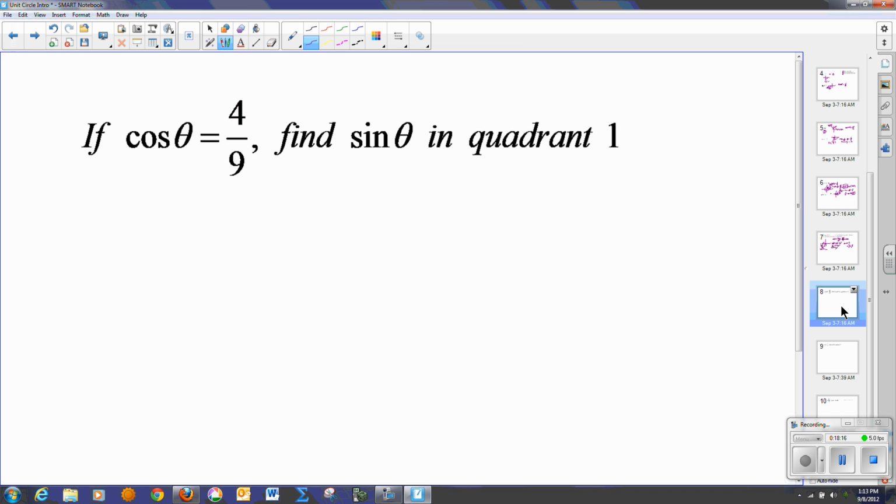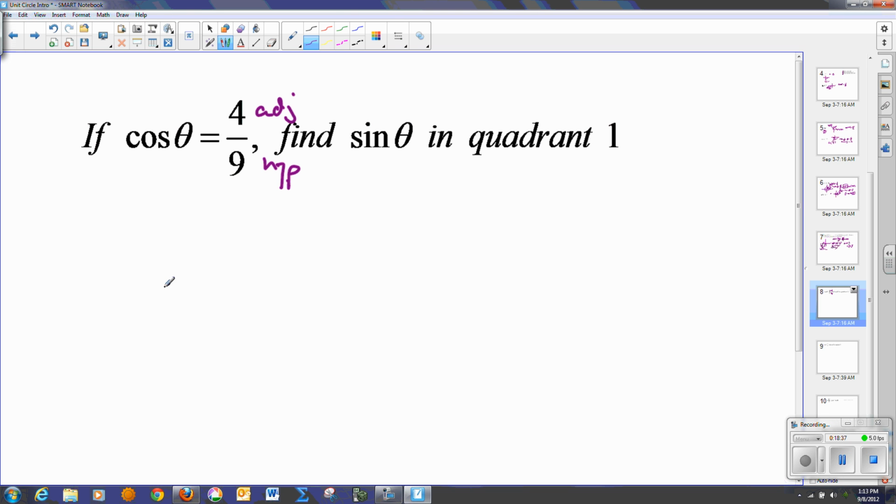Similar problem, asked in a different way. It says, if the cosine of theta is 4/9, then find the sine of theta in quadrant 1. Cosine, we know, is the adjacent over the hypotenuse.